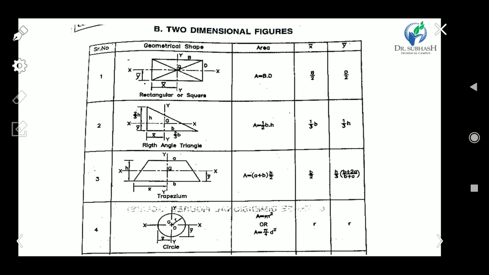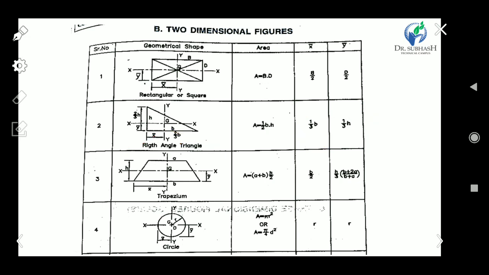And for a triangle, the area is 1 by 2 b into h, base into height, and the distance of CG from the x and y axes, x bar and y bar, is 1/3 b and 1/3 h for a right angle triangle.